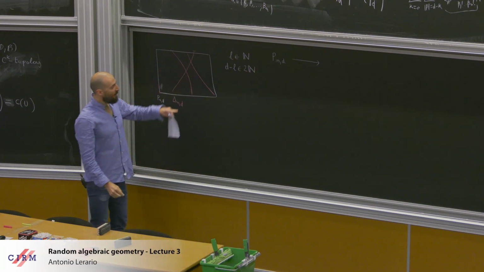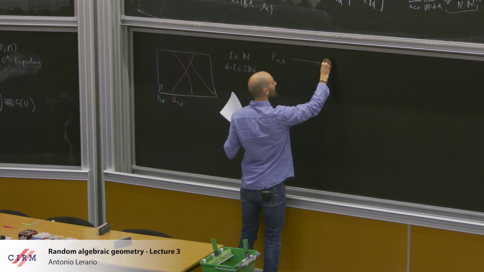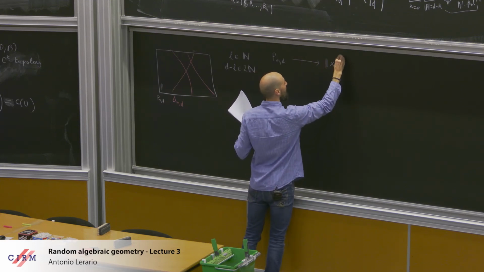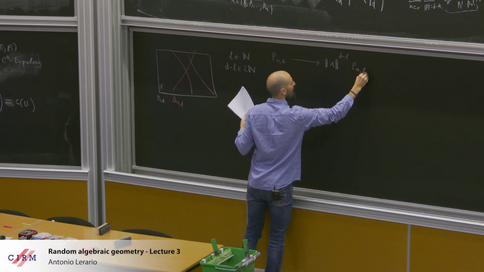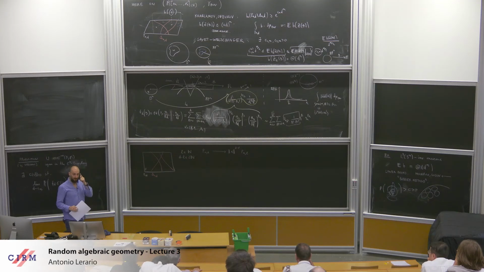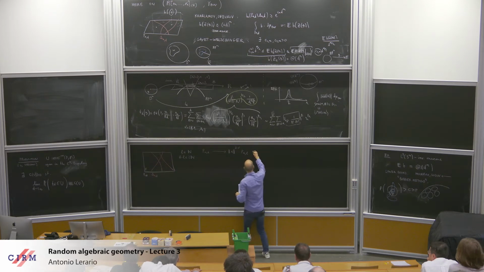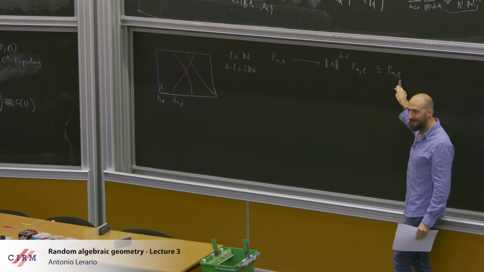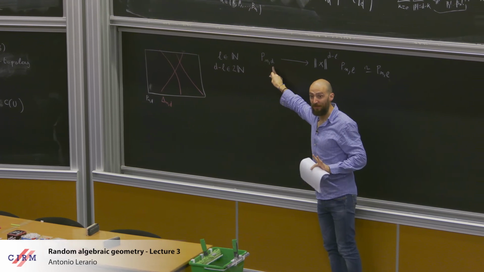Okay? Now there is the space of polynomials, and inside it you can project onto these subspaces: polynomials of the form norm of x to the power d minus L times a polynomial of degree L. See, the space of polynomials of degree L sits inside the space of polynomials of degree D for our purposes.